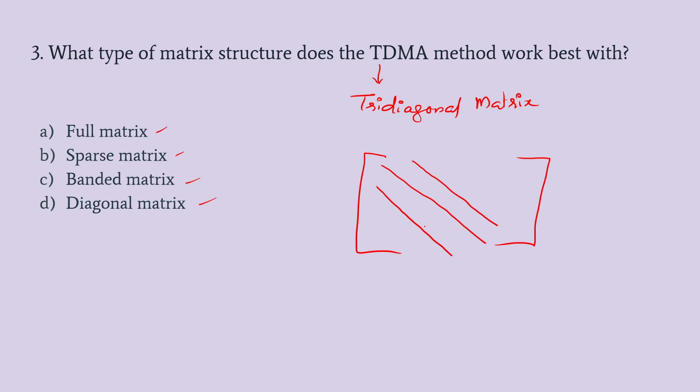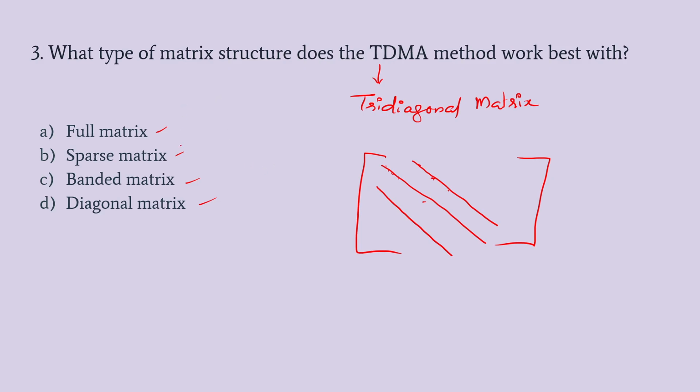So when a matrix has elements in the main diagonal and also in the diagonals just above and below, such a matrix is known as a tri-diagonal matrix. So we can try to find which option will match this one.